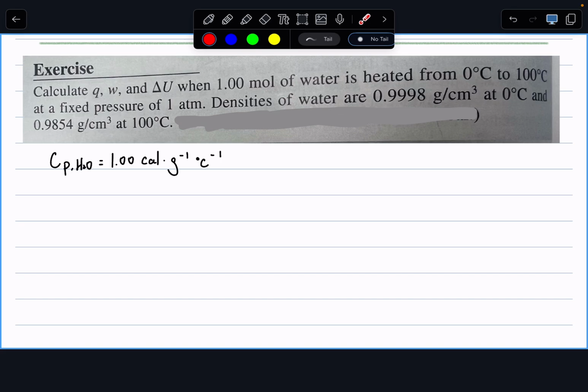Reading the problem, the pressure is kept fixed at 1 atm. So that is negative P times (V2 minus V1). The question didn't give us volume, but we know the mass of the water, and we also know the density of the water. So that gives us negative P times mass times (1 over rho 2 minus 1 over rho 1).